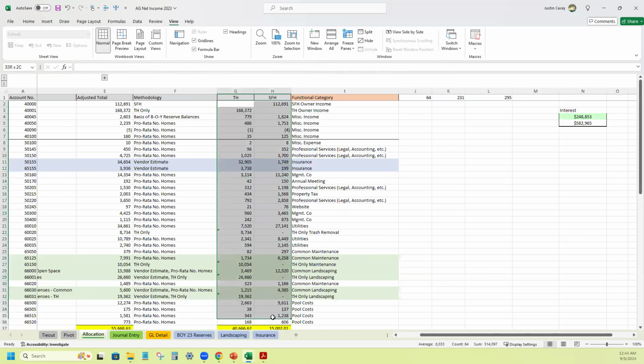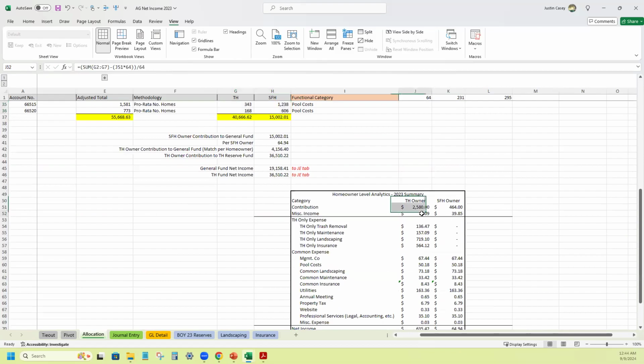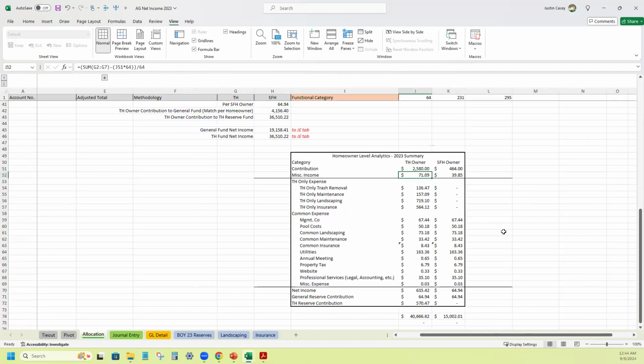These are all annual costs. And so you divide them by the number of homes and you get an annual per homeowner figure.